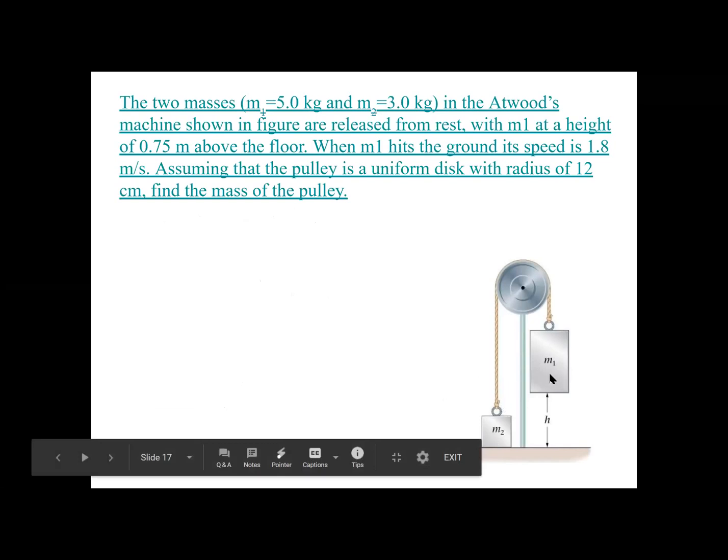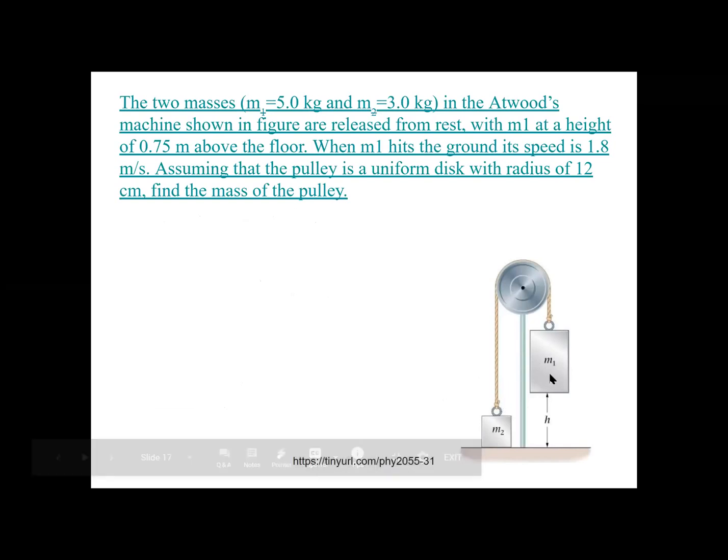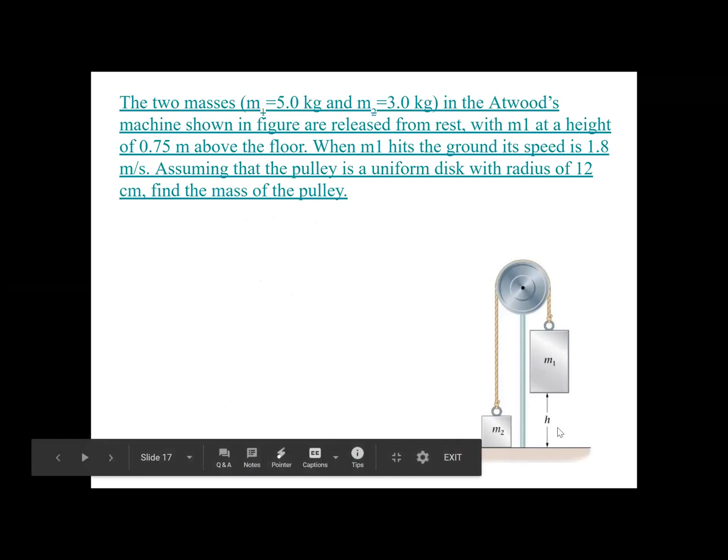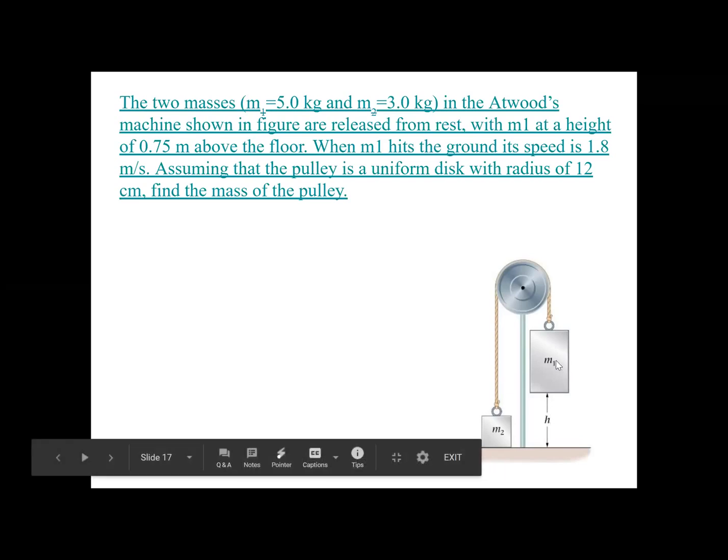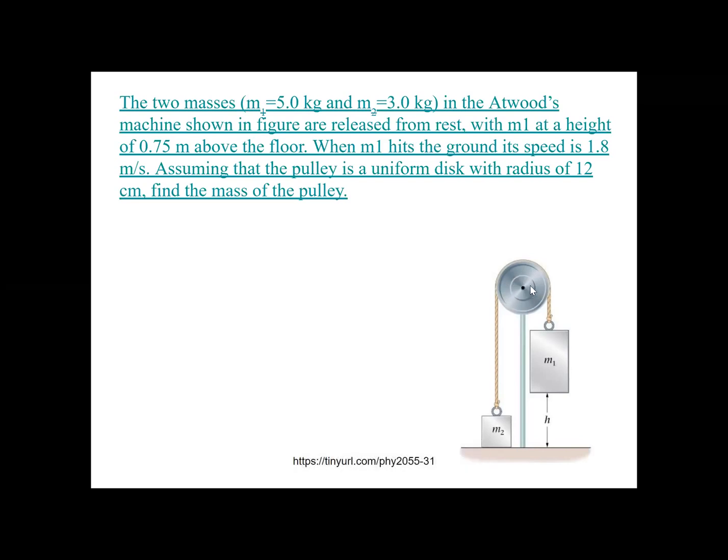They are released from rest with M1 at a height of 0.75 meters above the floor. When M1 hits the ground, its speed is 1.8 meters per second. Assuming that the pulley is a uniform disk with a radius of 12 centimeters, find the mass of the pulley.